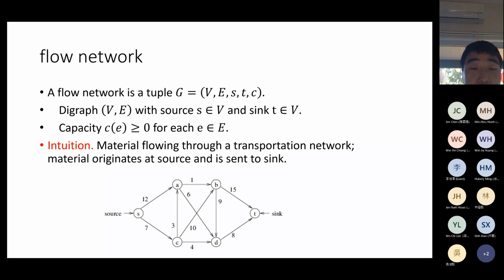For this example, the source vertex is S and the sink vertex is T. From S there are two outgoing edges, from S to A and S to C, with capacities 12 and 7 respectively. And B and D go to T with capacities 15, 6, 2 and 8.